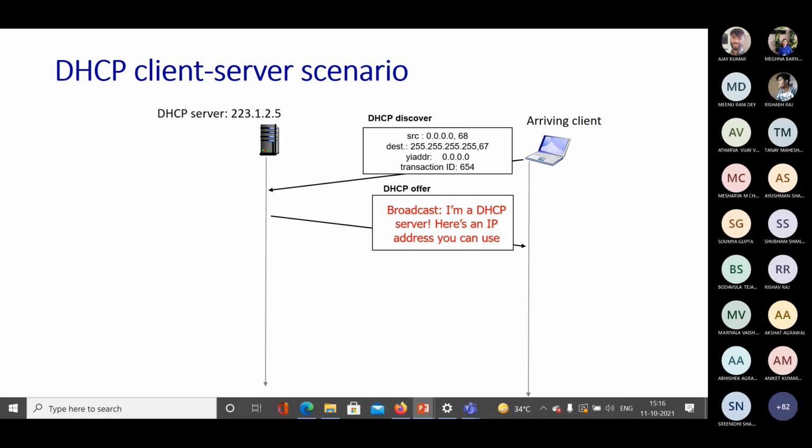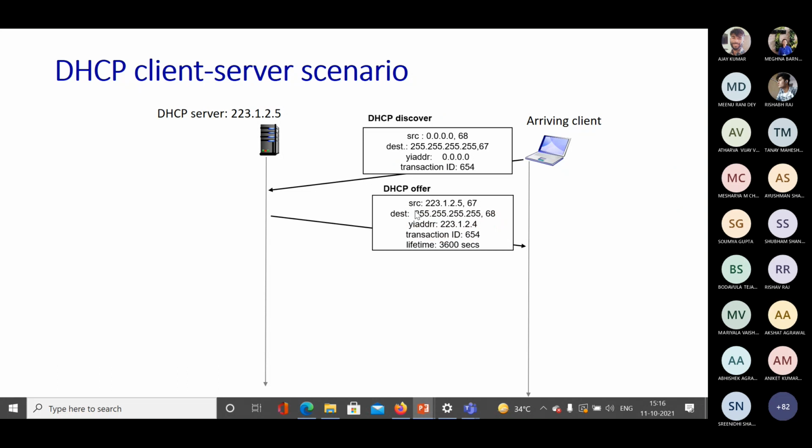So while sending back also, the server broadcasts the message that it is the DHCP server, and this is the range of IP addresses that I can give, or this is one IP address that is remaining with me. You can use that IP address. That's the offer message.